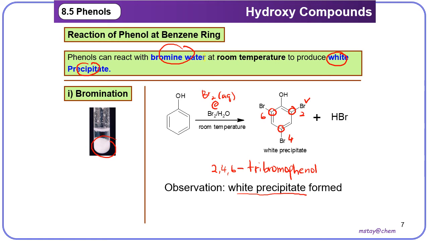Besides phenol reacting with bromine water to form a white precipitate, later in the chapter of amine we have another compound that also shows a similar observation, which is aniline, with the benzene ring, and the functional group for the amine is NH2, the amino group.